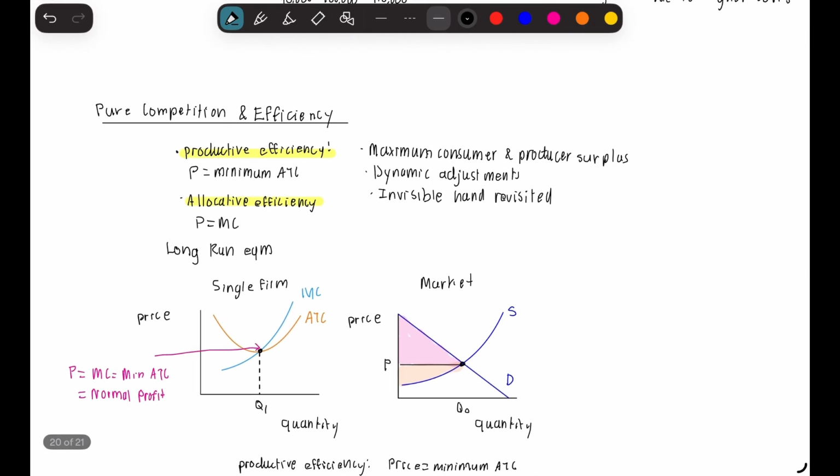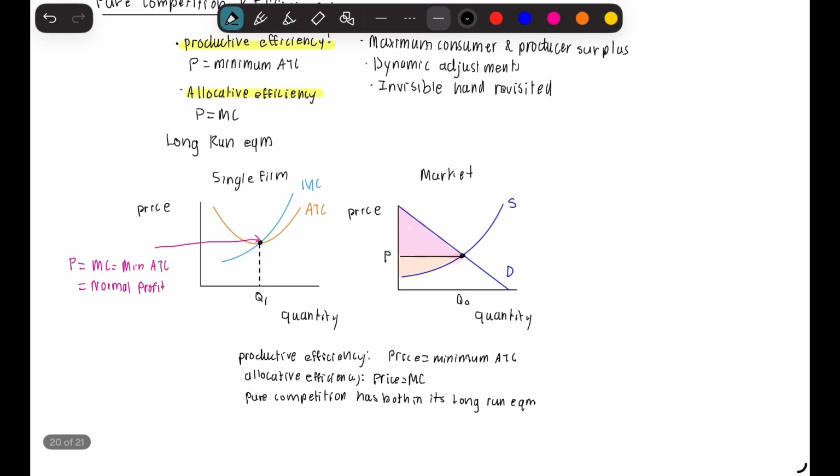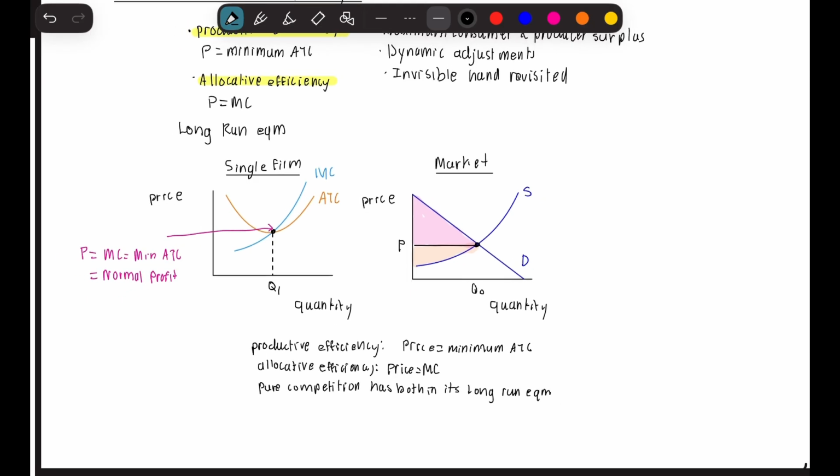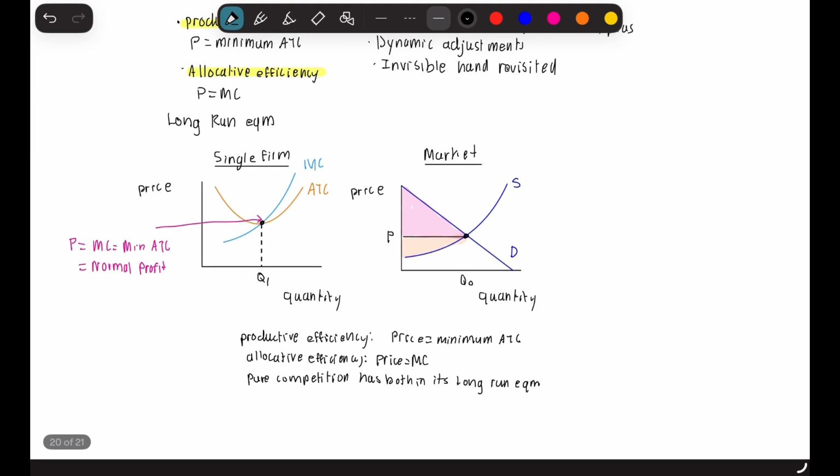Now here we see productive efficiency versus allocative efficiency. We have a single firm and a market comparison again here. In our single firm, we have our marginal cost and our ATC. The intersection of the two is at the minimum point of that ATC. The price at this black point is equal to the marginal cost, and that is your minimum ATC. We call this the normal profit point.